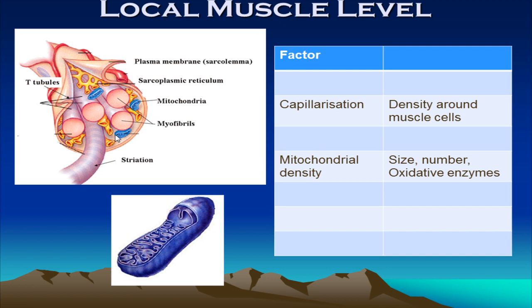It's like combustion: you've got a fuel source, you've got oxygen, and you end up with heat and energy. That happens in the mitochondria. With training stimulus we get mitochondrial density increases, meaning the size and the number of the mitochondria within a cell literally increases.